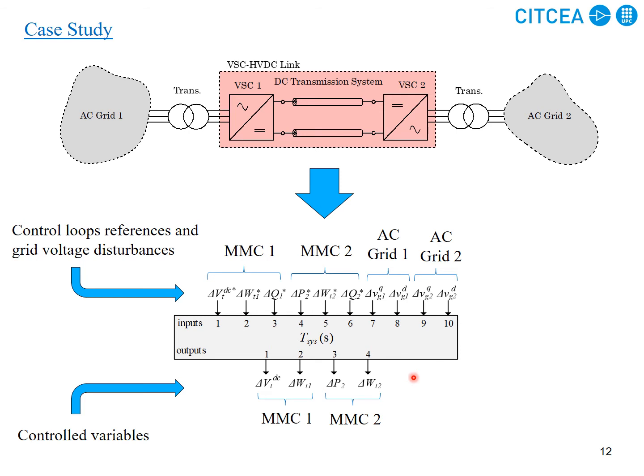But because they are very fast, usually the bandwidth is like 1000 radian per second, maybe 1 millisecond is the time constant of the loop. So they are pretty fast and they can follow the reference quickly.